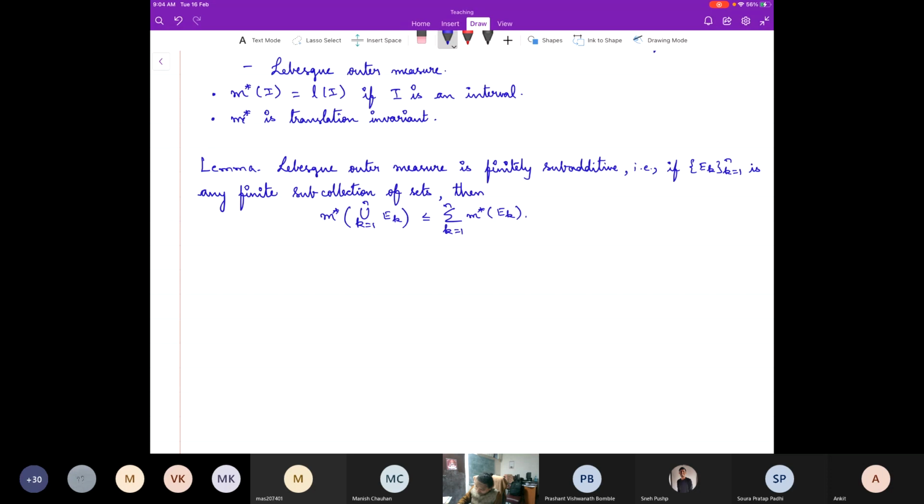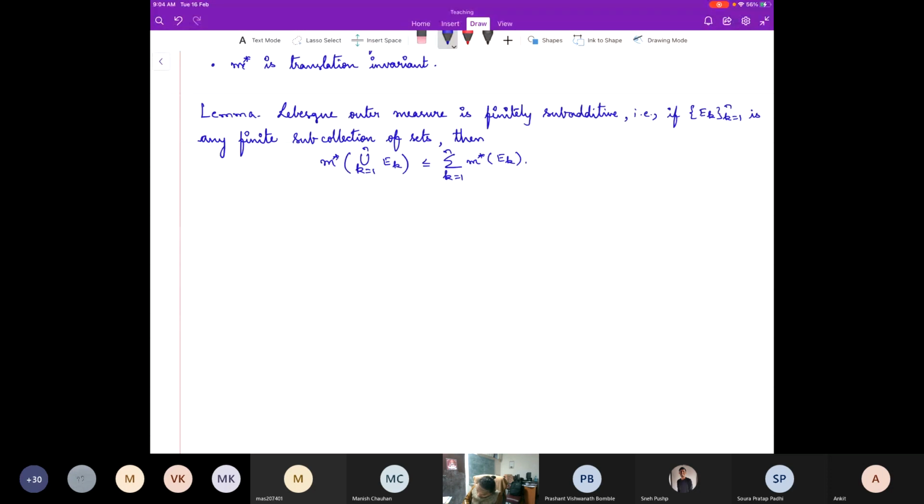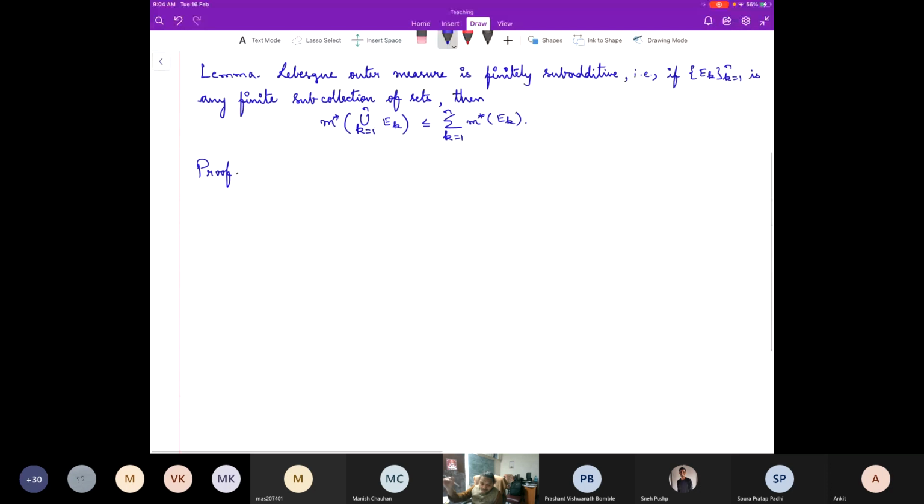Proof. The first thing that you have to observe is that it is enough to prove it for n equal to 2. Why?